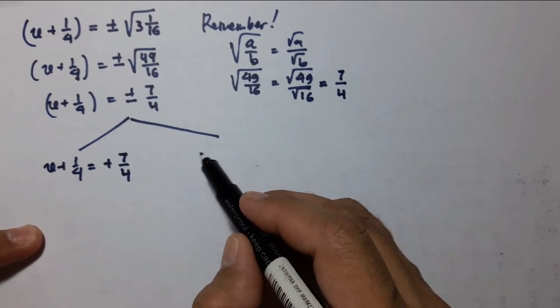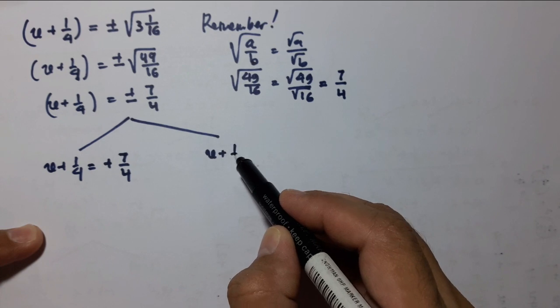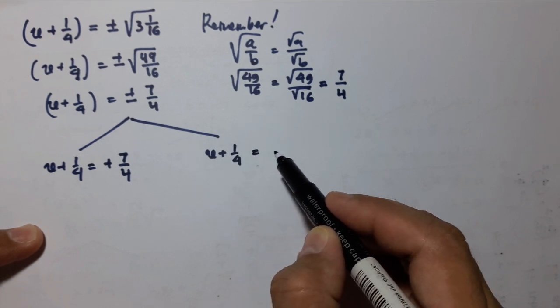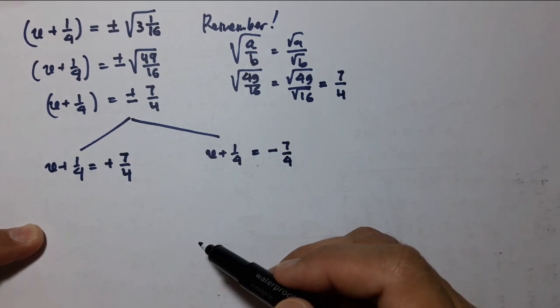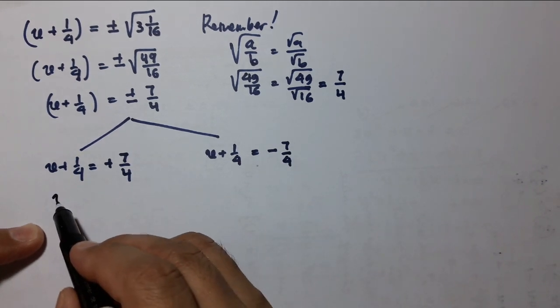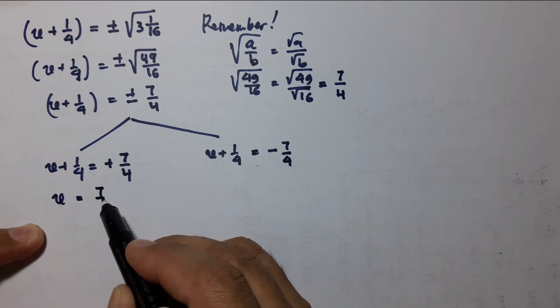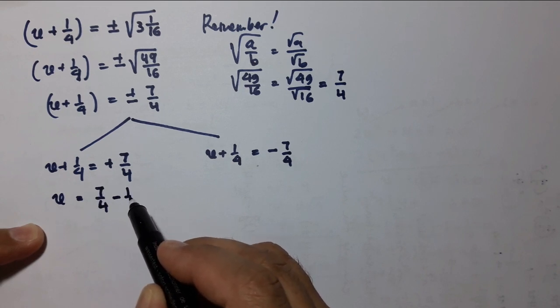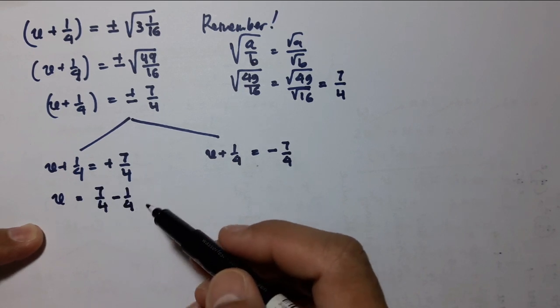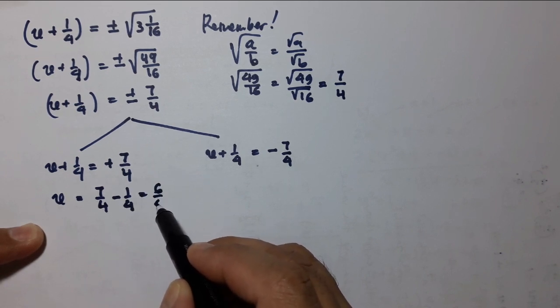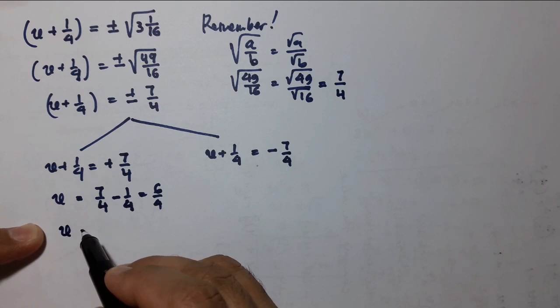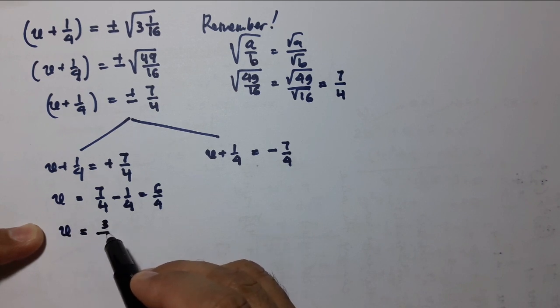And the rest is x plus a quarter equal minus 7 over 4. So x equal 7 over 4 minus 1 over 4, or a quarter, or equal 6 over 4. Now we have x equal 3 over 2.